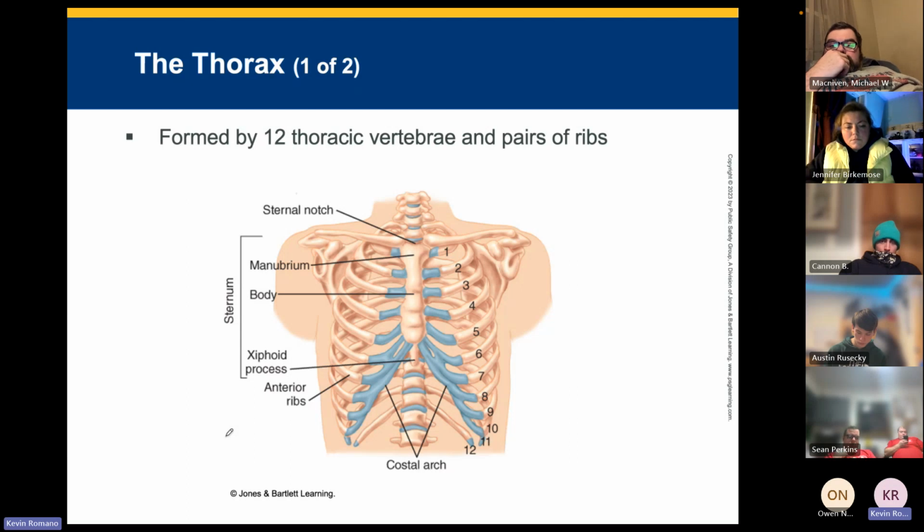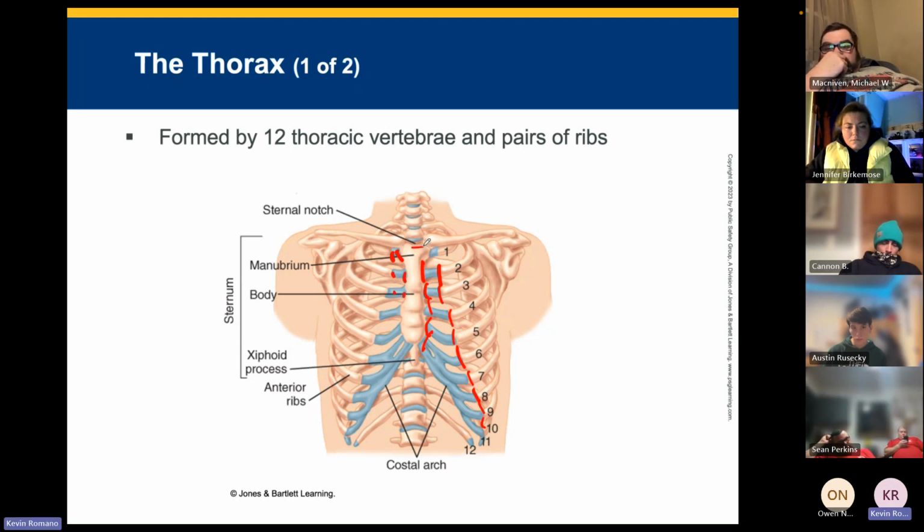So as you can see, the ribs are connected from the spine out back and come around and connect into cartilage, as you can see here. So it comes around and you have floating ribs down below. This is all cartilage on both sides. We have our sternal notch.